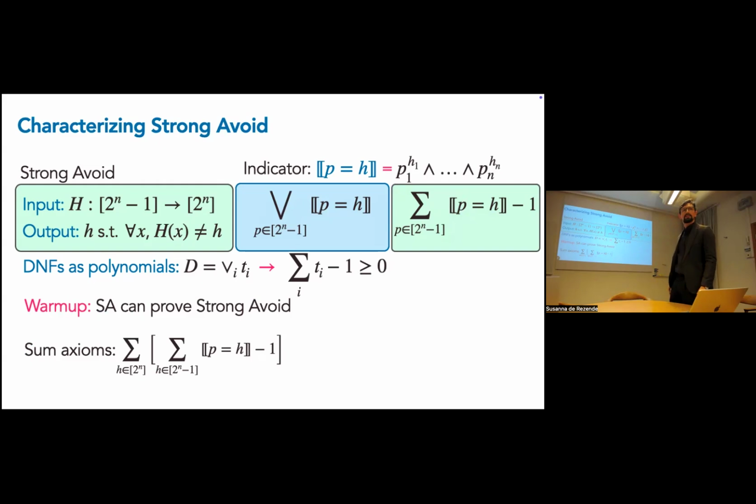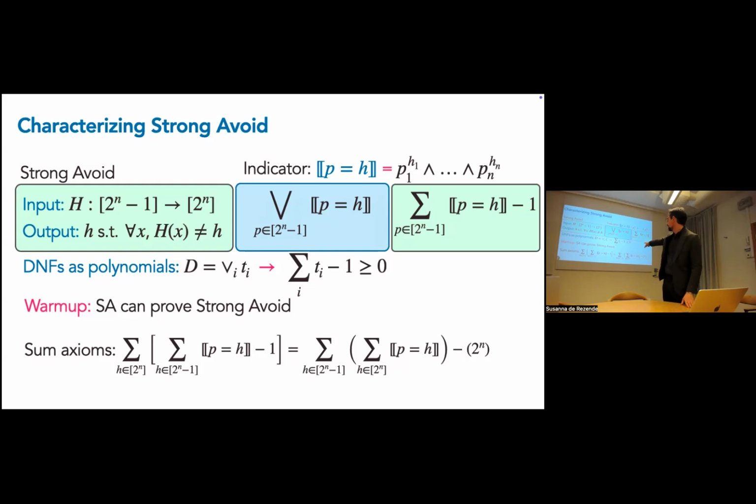You just sum up the axioms. So you have 1 axiom per hole. You sum up over all the holes. You flip the sum here. And now we're summing up over all the pigeons, summing up over the holes. This thing sums to 1 because it's basically like summing over all paths in a decision tree.